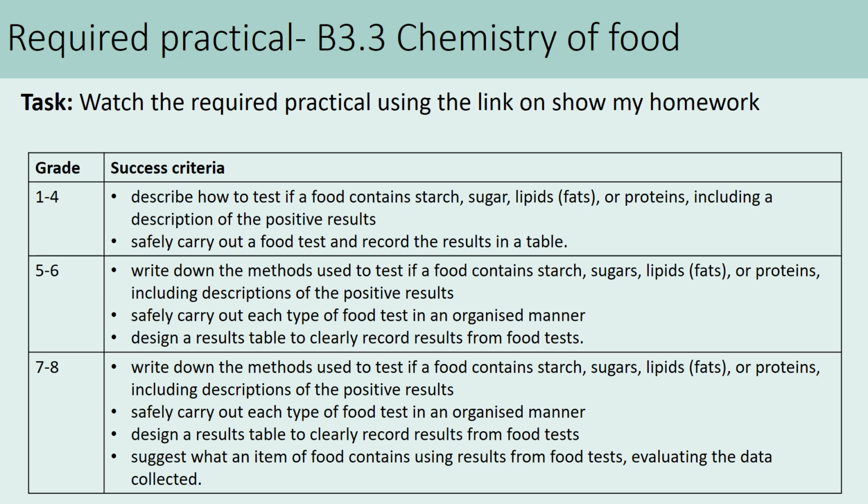And also you need to know the methods for testing them. And for the top levels, for 7, 8s and 9s, you need to suggest what food item contains those different foods. If you're given a random one, so if you were given a cheeseburger, what you would do to know what food groups it contains.